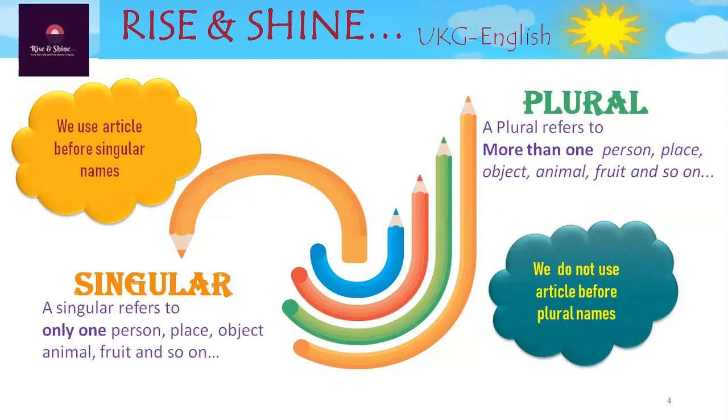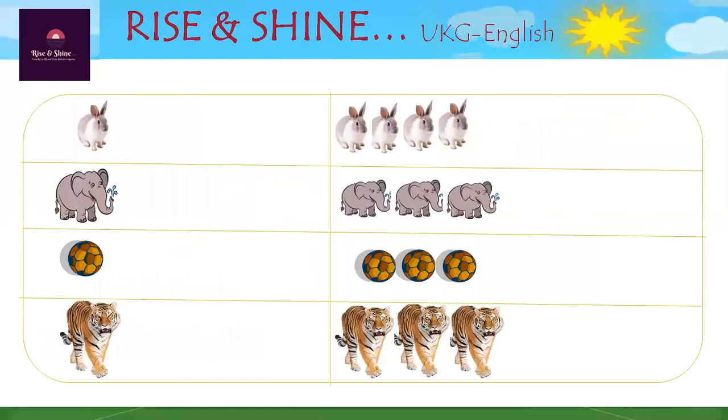And if it is more than 1 in number, we don't use the article. So we do not use an article before plural names. So understand it? Let's apply it on our first slide.